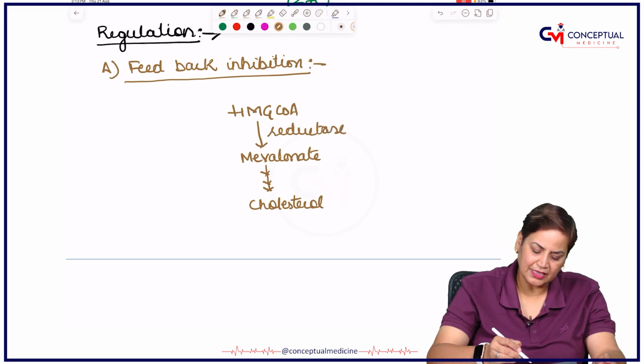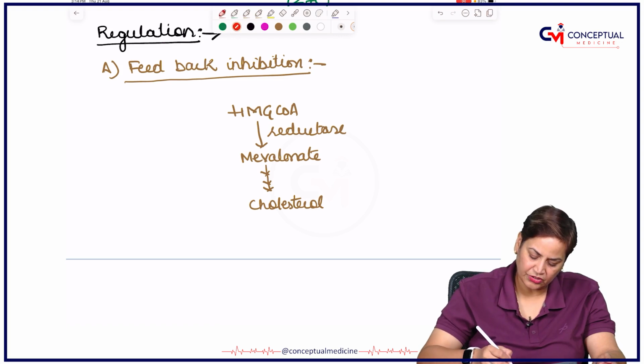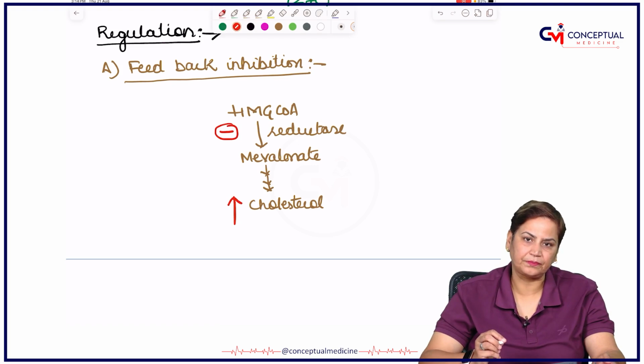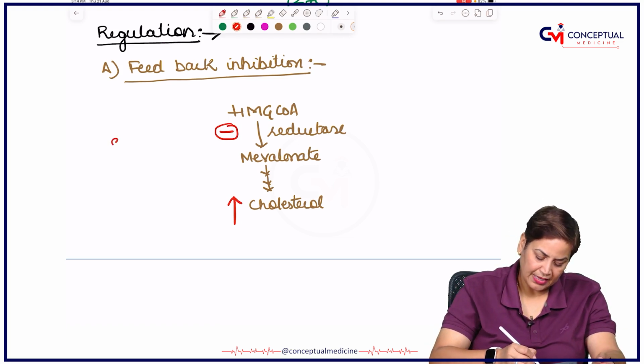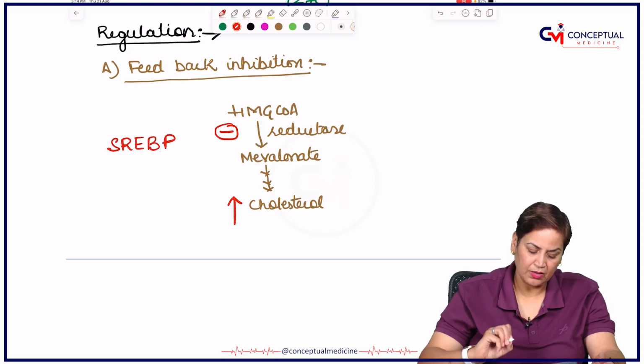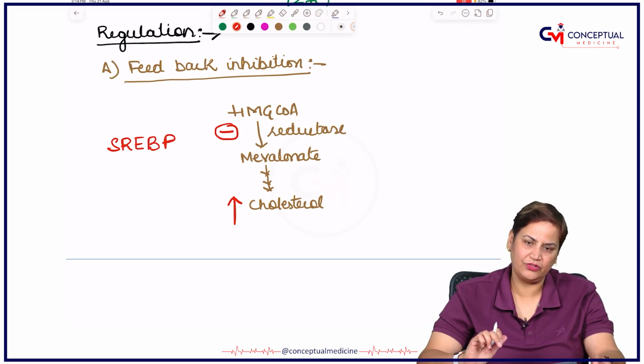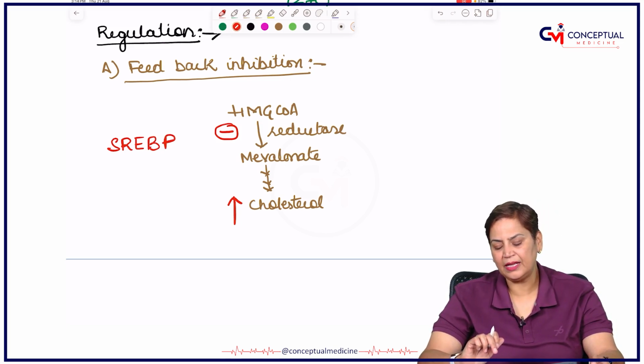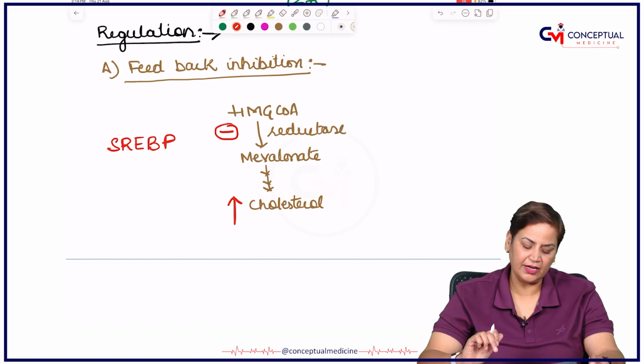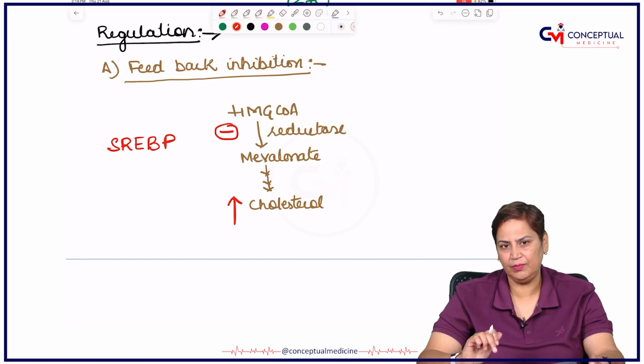So what happens here is that increased concentration of cholesterol will inhibit this with the help of SREBP. So cholesterol, increased concentration of cholesterol is going to inhibit HMG-CoA reductase by SREBP protein.